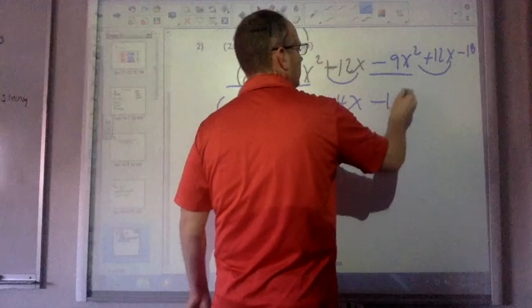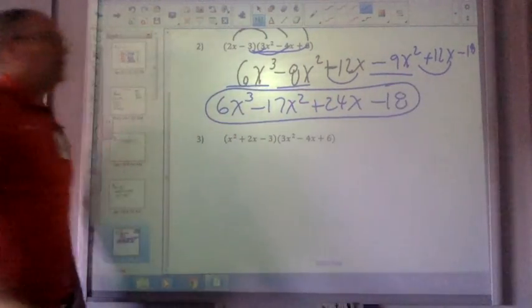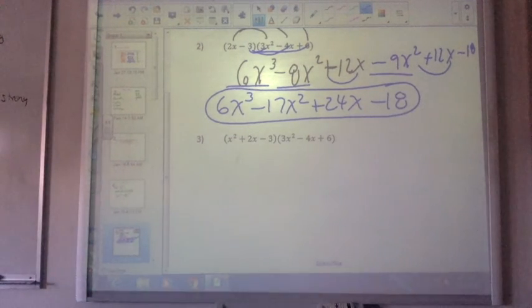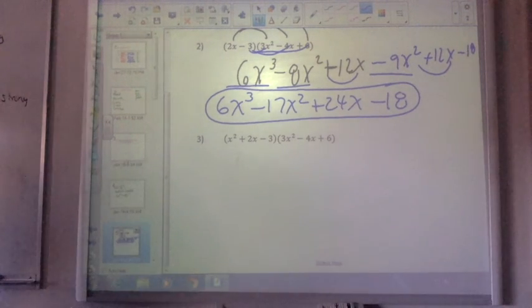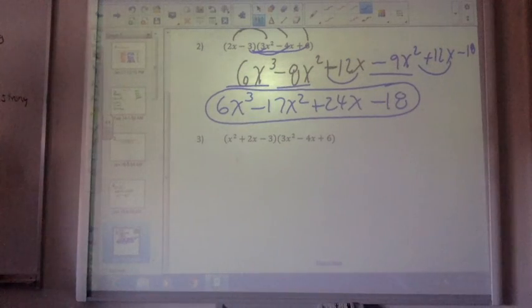And then minus 18 comes along. So that whole thing is my answer. I combine my like terms, and a like term, remember, has the same letter, and that letter happens to have the same exponent it's raised to. So you're just counting up. So I distributed twice on number 2. What does it appear I might have to do on number 3?